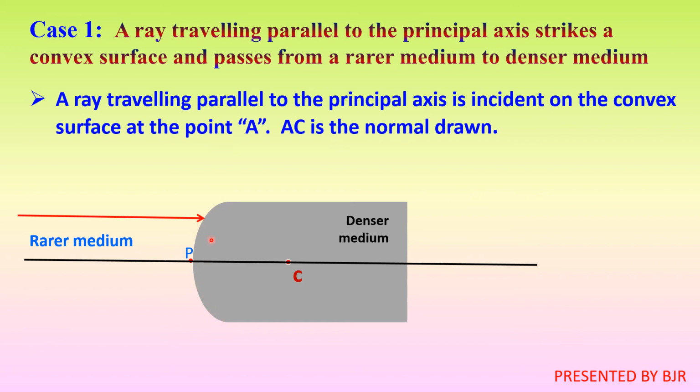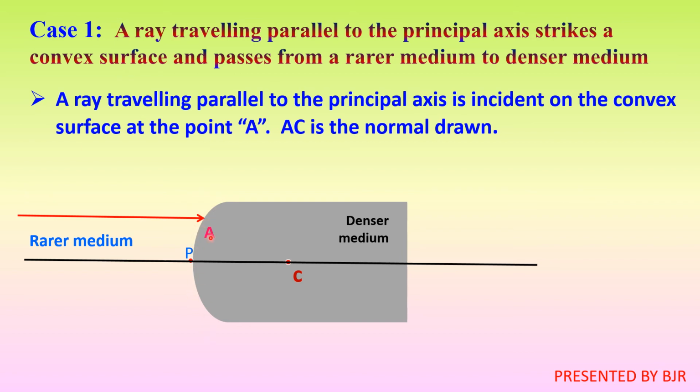So in order to know the direction of the refracted ray, what we have to do is immediately draw the normal at the point of incidence here. So let us name this point of incidence as A. That is, this ray, which is parallel to the principal axis, is incident on the convex surface at this point.